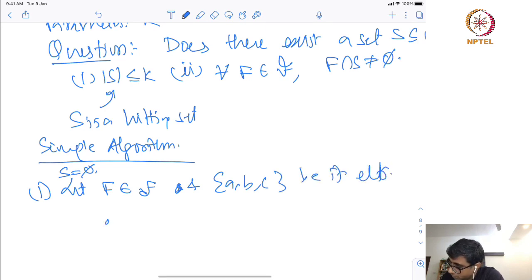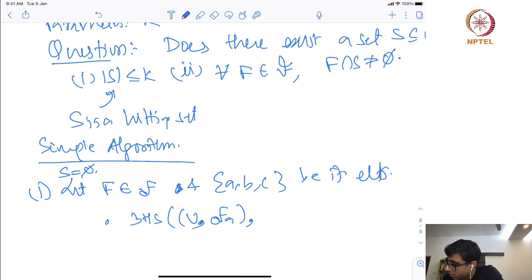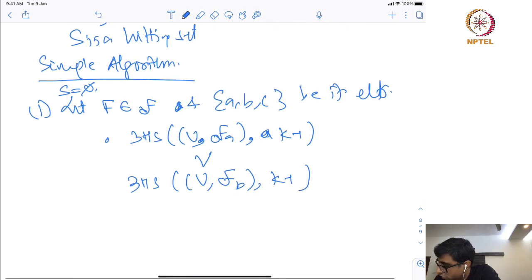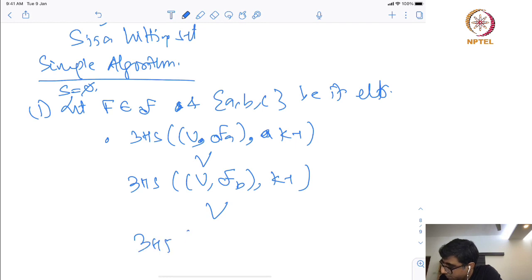Then what I am going to do is call 3-hitting set on U, F_a, k minus 1, or 3-hitting set on U, F_b, k minus 1, or 3-hitting set on U, F_c, k minus 1.